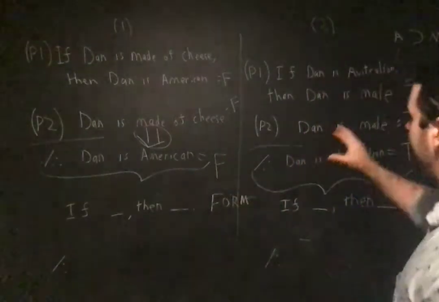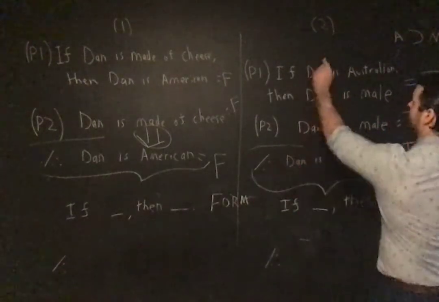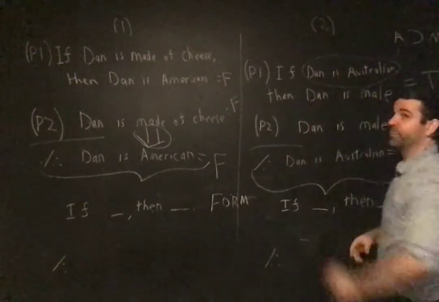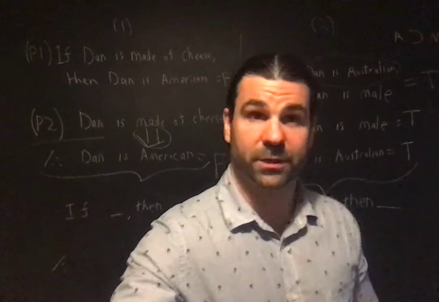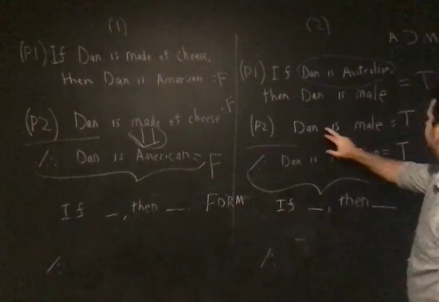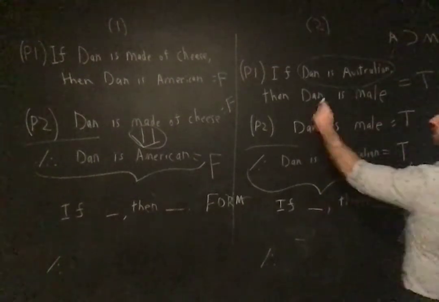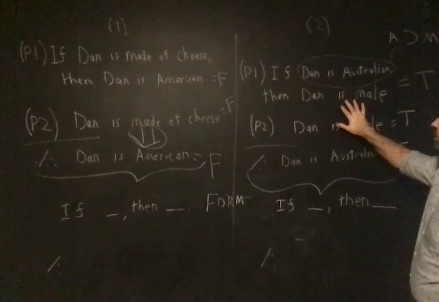Here you've got a statement. The first premise is an if-then statement. The part that follows the if, that's the antecedent. Now we've got a conditional. The first sentence is a conditional where the antecedent is Dan is Australian and the consequent is Dan is male.